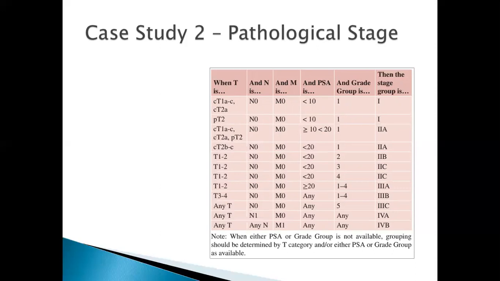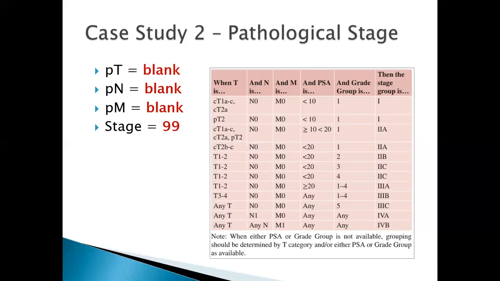So if the patient did not meet the criteria for pathological stage, then your PT is blank, your PN is blank, your PM is blank. And then your stage group is 99. It's not X's, because if we put X's there, that would mean that the patient had a prostatectomy. Because the patient did not have a prostatectomy, the T, N, and M data fields must be left blank.